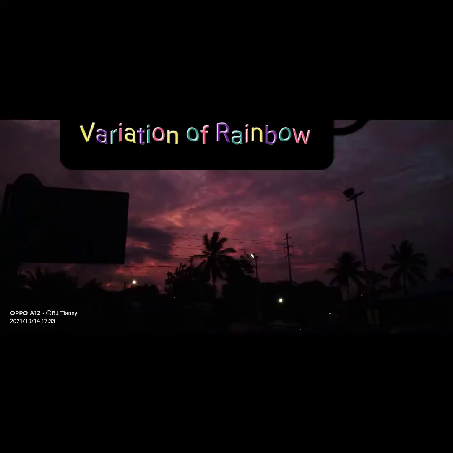And here, I'm going to discuss the variations of rainbow. Since there are a lot of them, I'm going to choose the four most rare variations of rainbow. So first is the fog bow, which occurs when fog or a small cloud experiences sunlight passing through it.